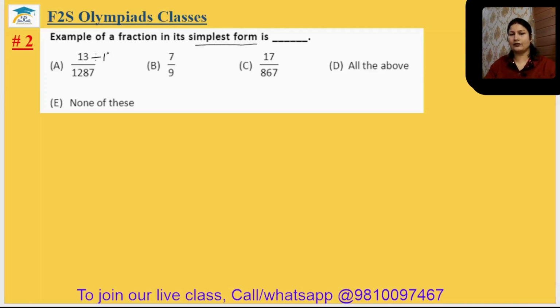If we divide by 13 and 13, we can get 1 by 99. 7, 9, no common factor. It means it is in the simplest form. In another option there is 17 as the common factor, so it becomes 1 and 5s are 1s. Okay, so B is in the simplest form. Question number 2, option B.